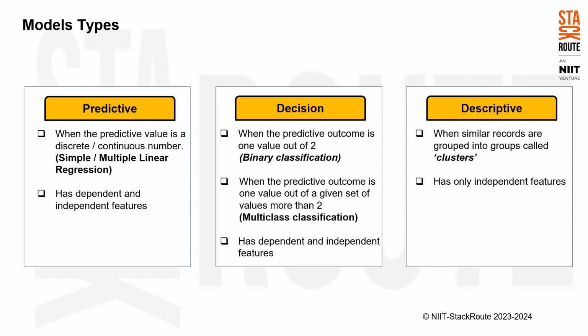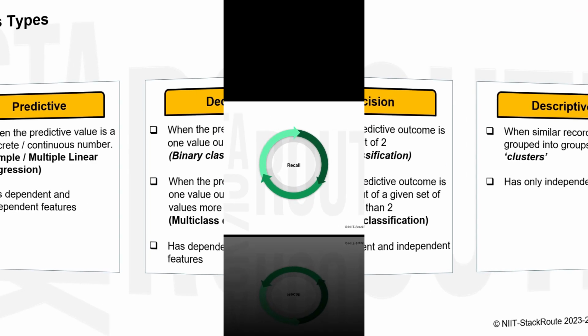Examples of clusters: you can group cities based on, let's say, weather patterns. Then I can group customers based on, let's say, spending scores and their bank balance, so the bank manager knows whom to target if they are launching a new product or a service. So these are the three main types of models that we have in AI.